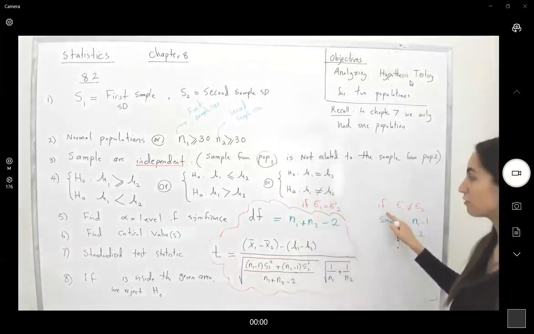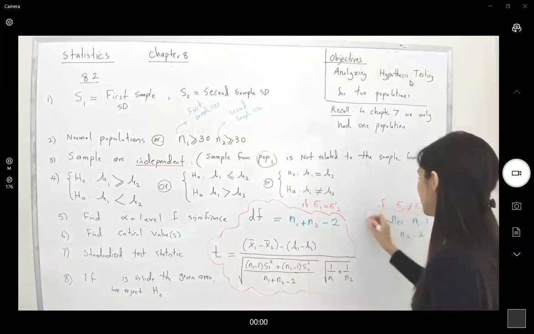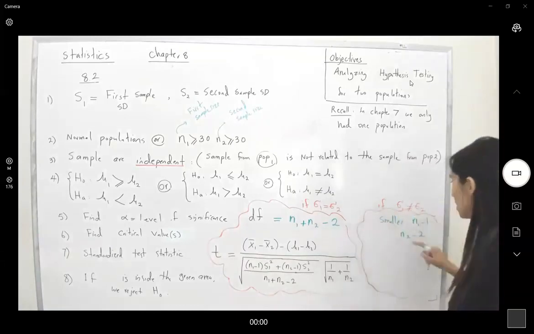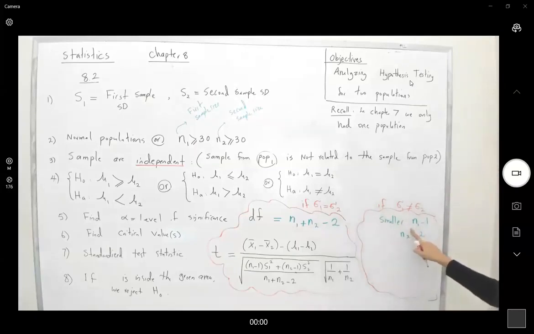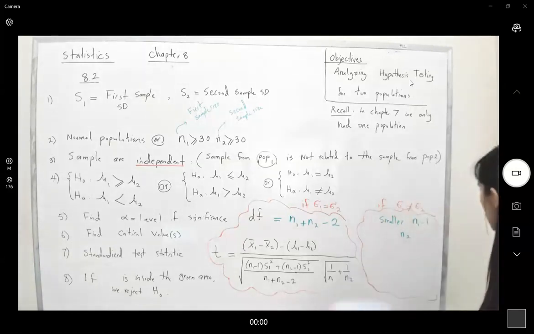If they are different from each other, we have to follow a different formula. The degrees of freedom is going to be the smaller of N1 minus 1 and N2 minus 1.